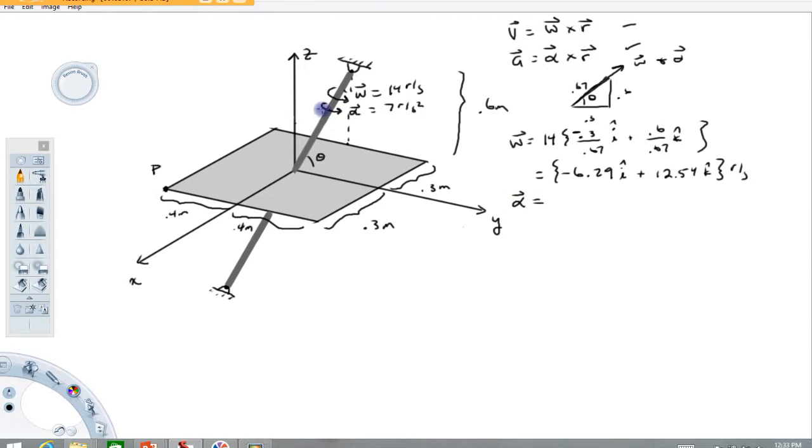The angular acceleration vector is along this axis and points in the same direction as the angular velocity. So it can be calculated by taking 7 times this same expression, minus 0.3 over 0.67 I plus 0.6 over 0.67 K. I'll take the time to get values here.